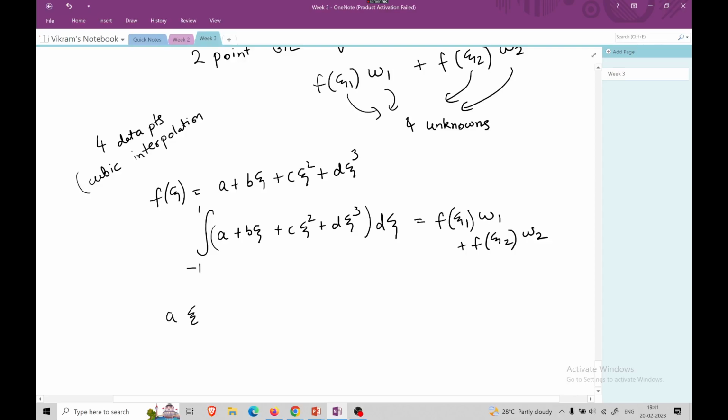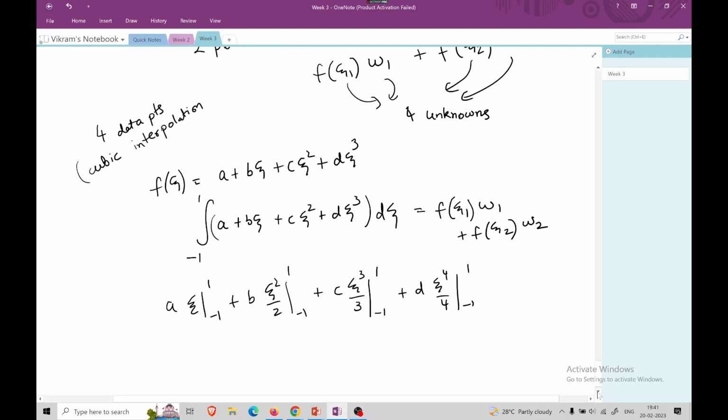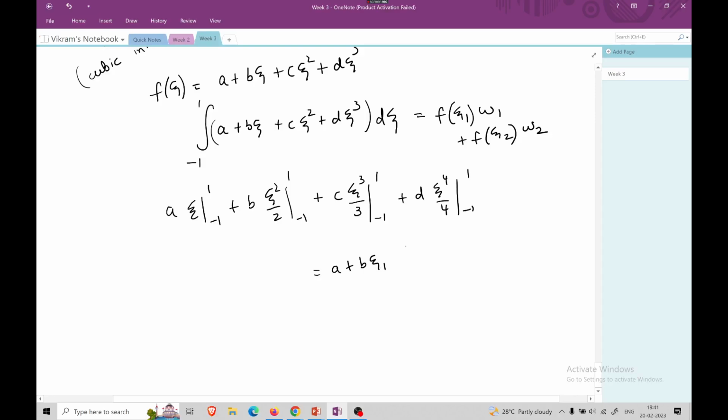So f of eta 1 is a plus b eta 1 plus c eta 1 square plus d eta 1 cube, the whole multiplied by w1, plus f of eta 2 is a plus b eta 2 plus c eta 2 square plus d eta 2 cube, the whole multiplied by w2.